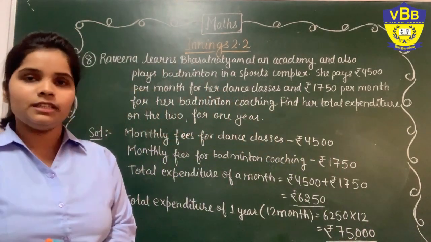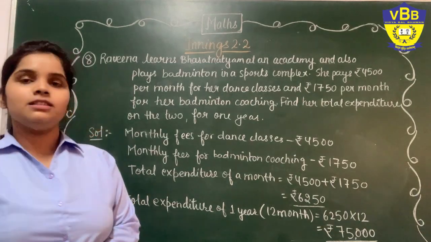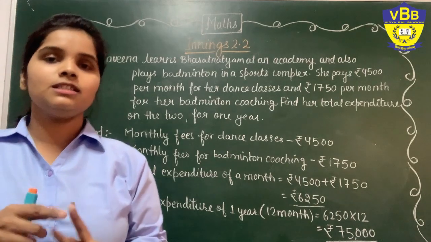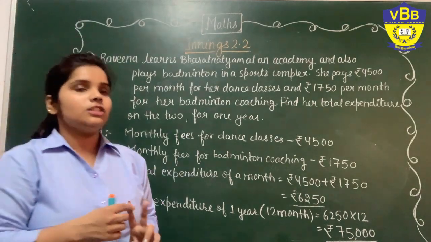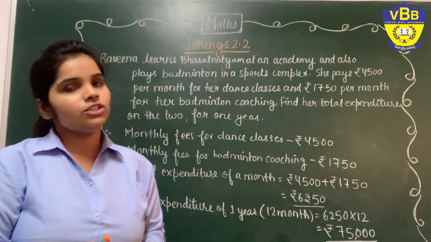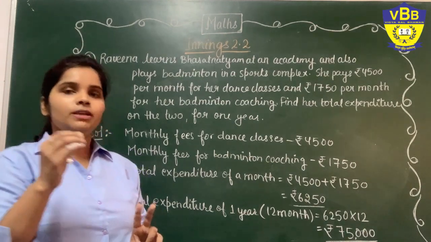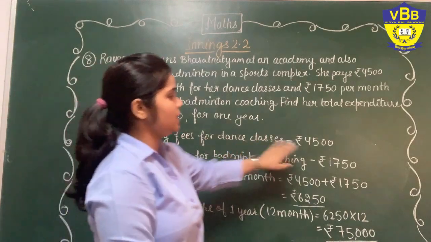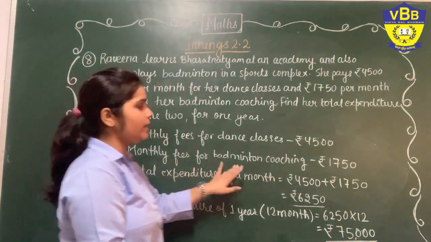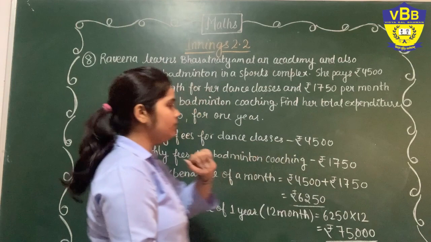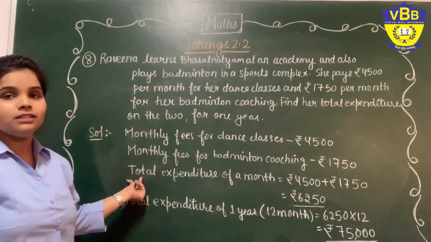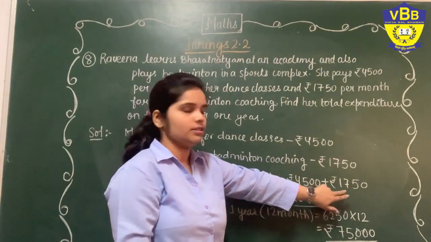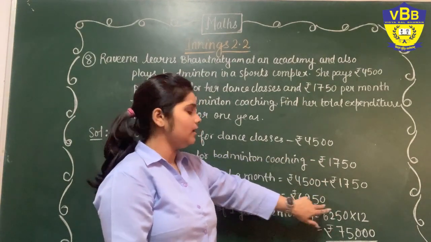I hope the question is clear to all of you. This is very simple: Ravina is doing 2 activities, dance classes and badminton coaching. She is paying fees on a monthly basis. 1 month fees for dance classes, this; 1 month fees for badminton coaching, 1,750. So 1 month fees of both the activities will be, we add these two numbers, that is 6,250.